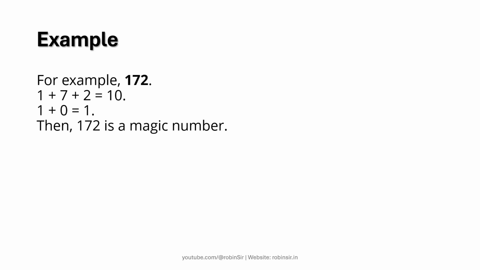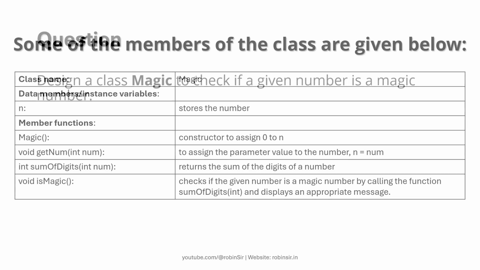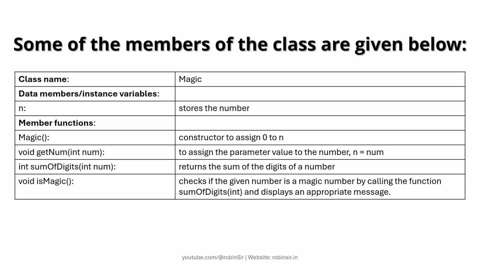If we get any other single-digit number, then it's not a magic number. So that's the whole idea. So we need to design a class magic to check if a given number is a magic number. And these are the specifications. Class name magic. Then we have n as a data member to store the number.